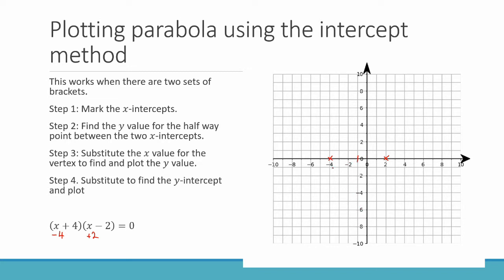To find that, I simply use the x value here, -1, and put that into my equation and find out my new y value, how high up or down I would go to place my mark from -1.